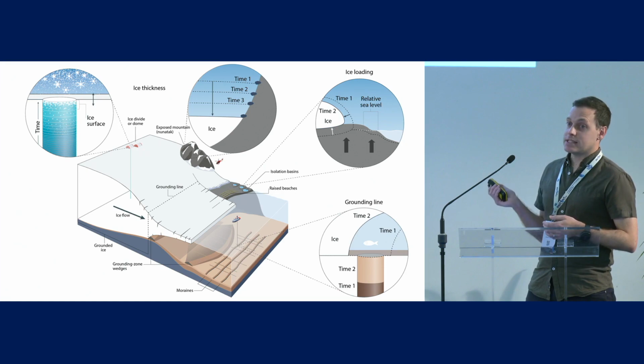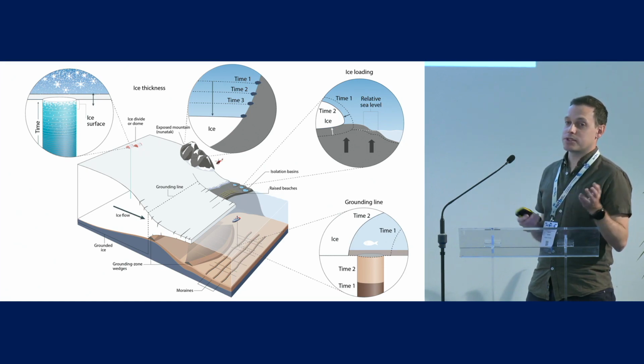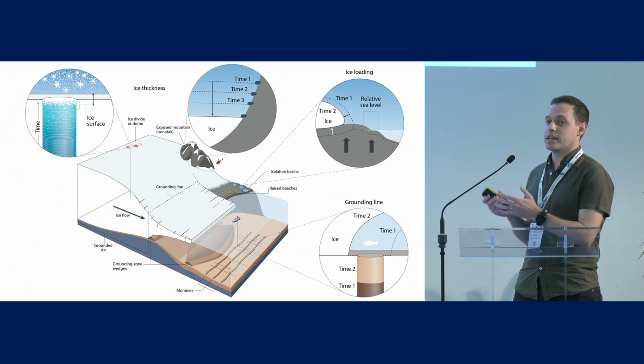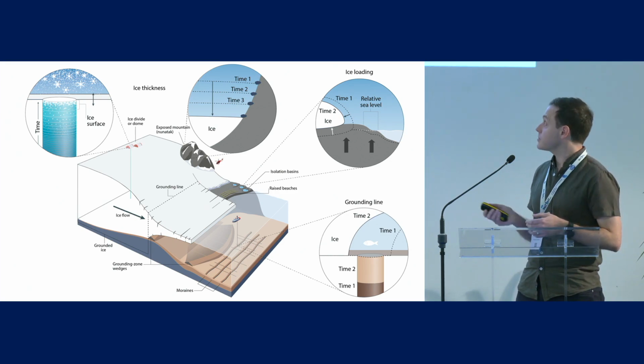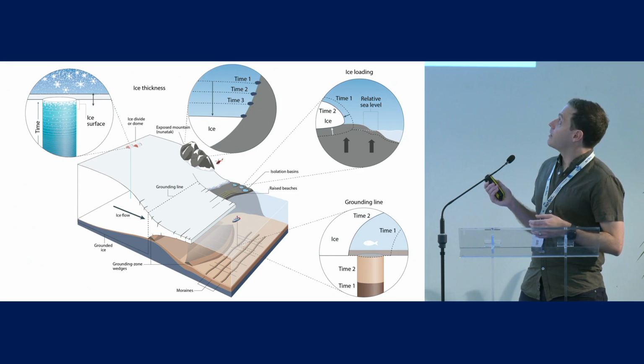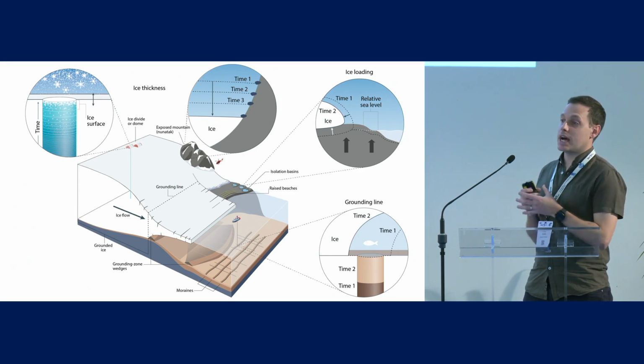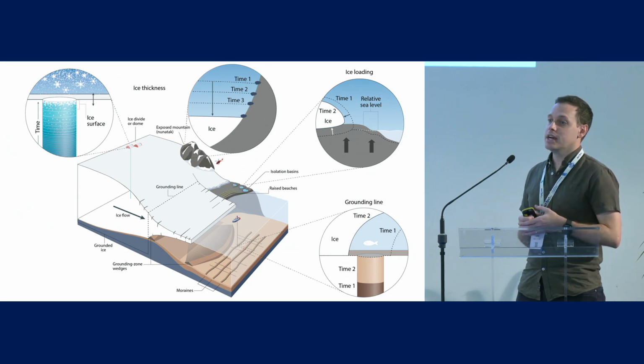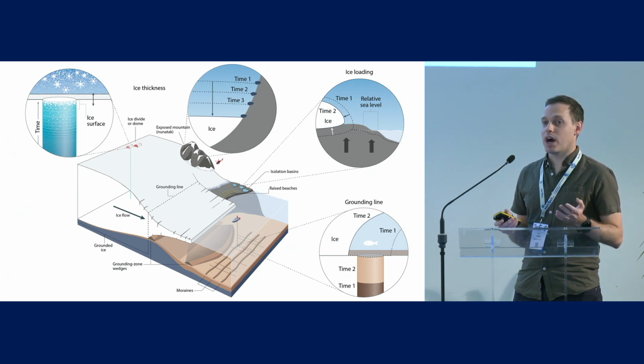We have seafloor sediment cores, and we've also heard about other subglacial cores that can try to constrain grounding line migration. And then we also have lots of different types of coastal records, recording loading and unloading, that give us an indication of regional ice mass change.